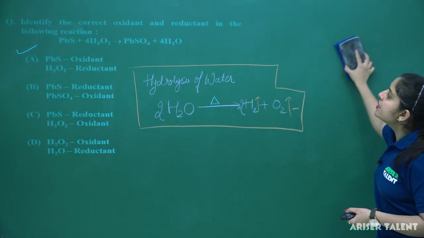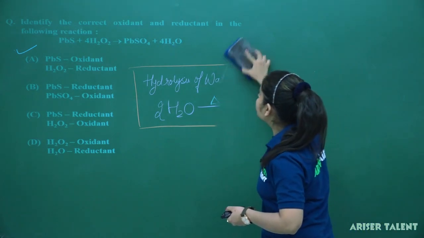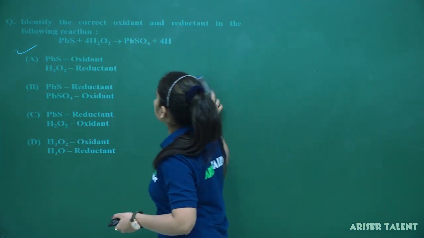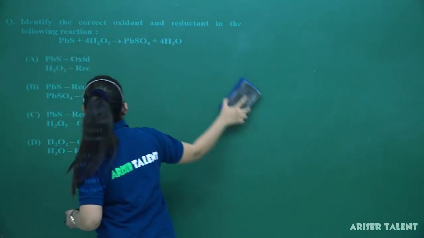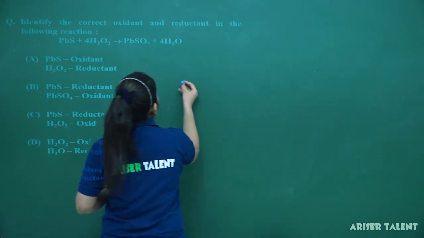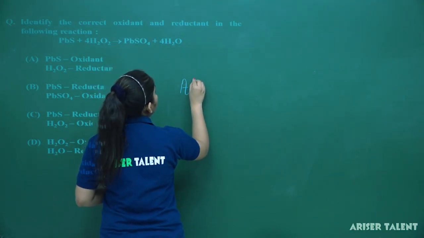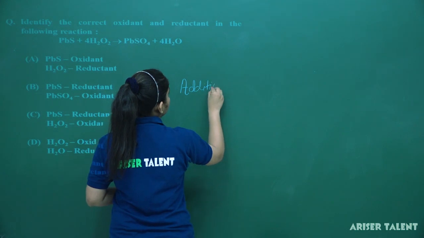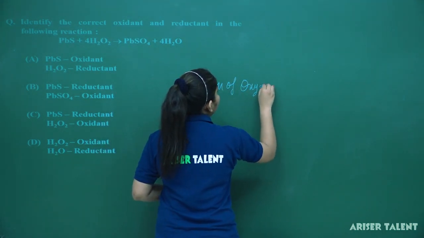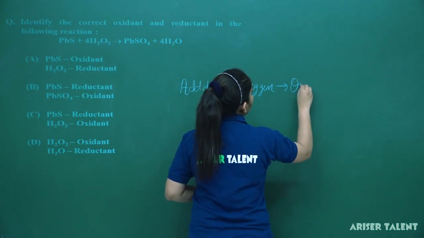Identify the correct oxidant and reductant in the following equation. Now, if there is an addition of oxygen, we can say that the reaction is an oxidation reaction.